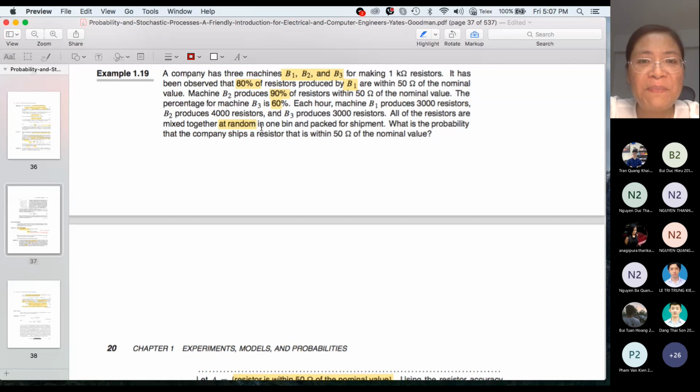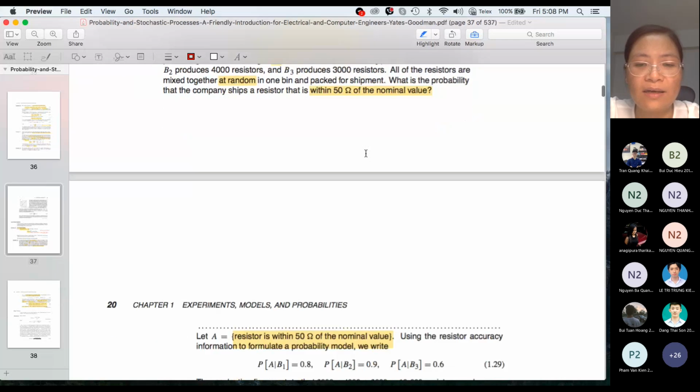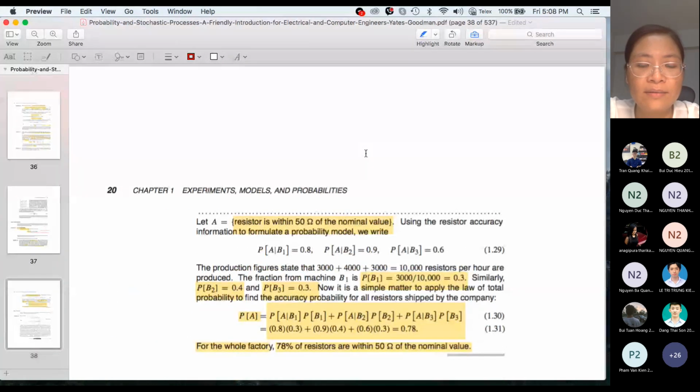Find the probability that the resistor is within 50 ohm of nominal and produced by B1. So it's A and B1. That's the word. Yeah, now I got it. Thank you.